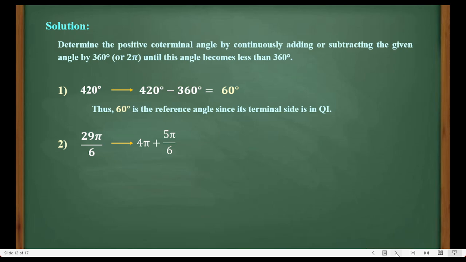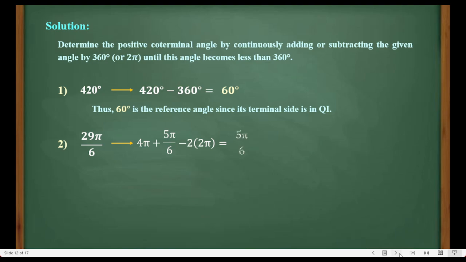Or you can express 29 pi over 6 in terms of two terms added together to produce the given measure. So that is 4 pi plus 5 pi over 6. So it's very obvious that you're going to subtract this given expression, which is equivalent to this given measure, by 4 pi. Meaning, we subtract the given measure by 2 pi twice.